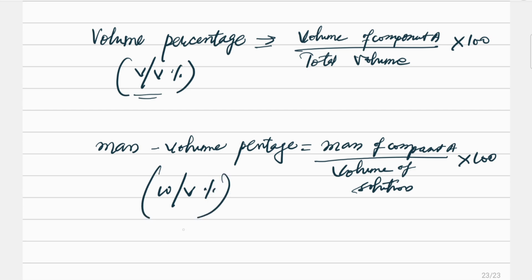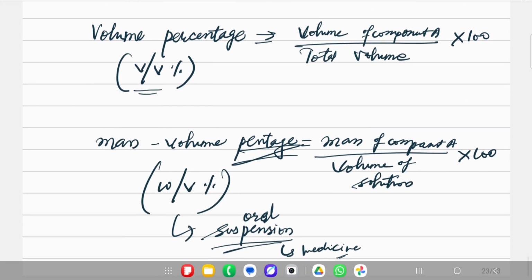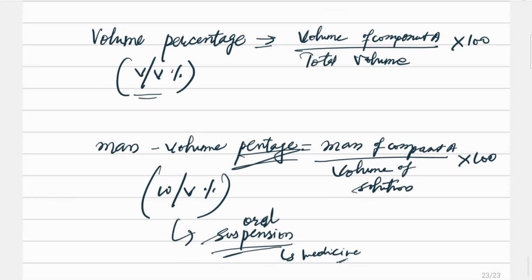Most of the time this one is given in oral suspensions, which are once again medicines, or it can be anything. So weight by volume or mass by volume percentage is taken. This is how these things are calculated.